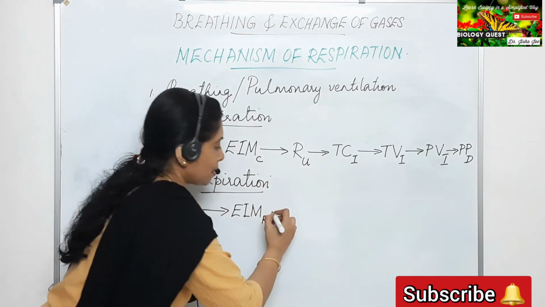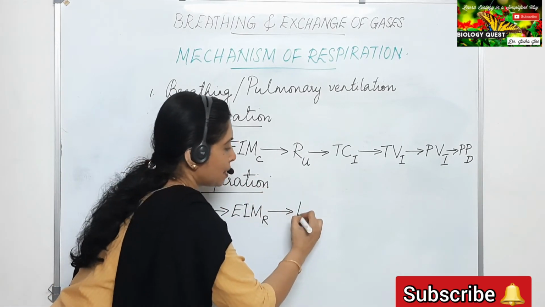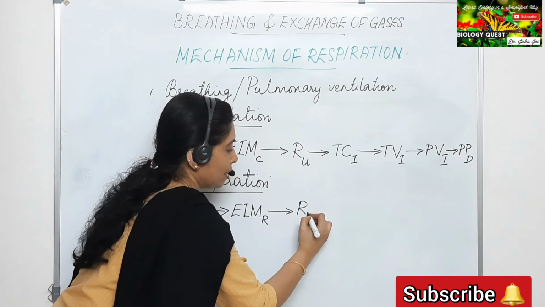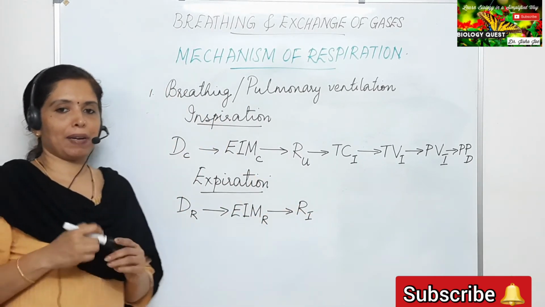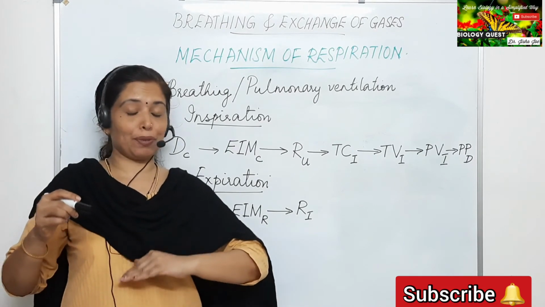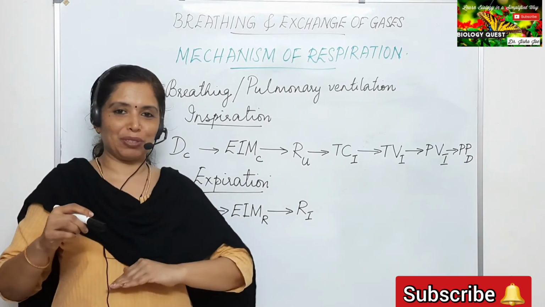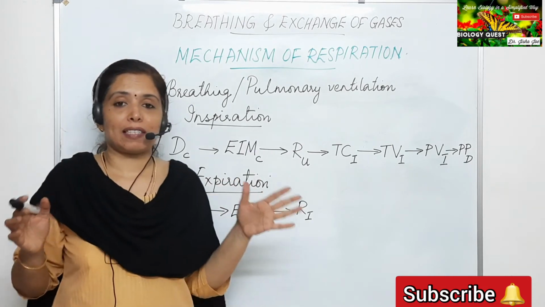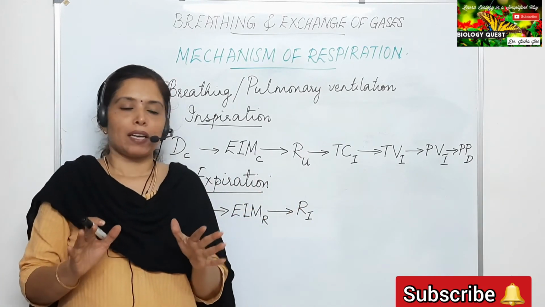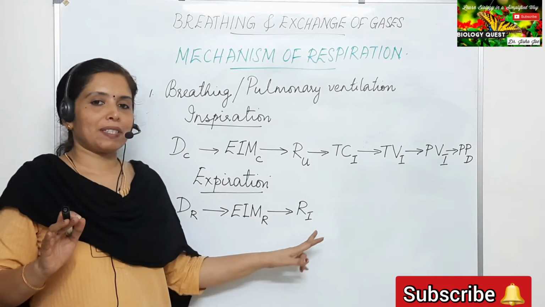Then as a result, what will happen? The ribs and the sternum move inwards. So diaphragm has come back to its original shape, that is the dome shape. Then the external intercostal muscles have relaxed. So what will happen to the ribs and the sternum?